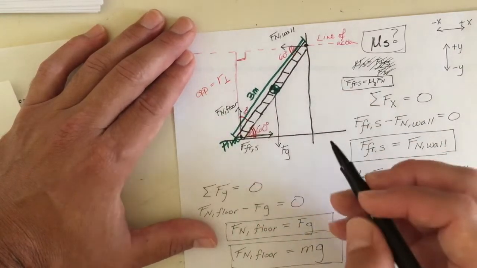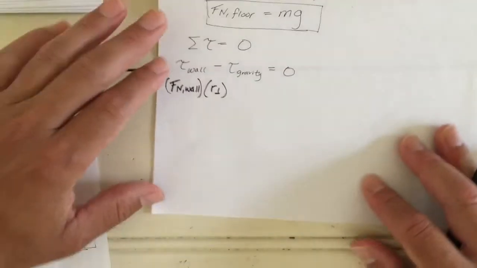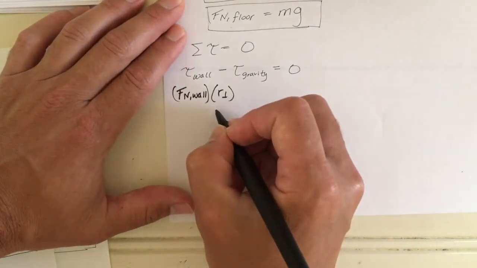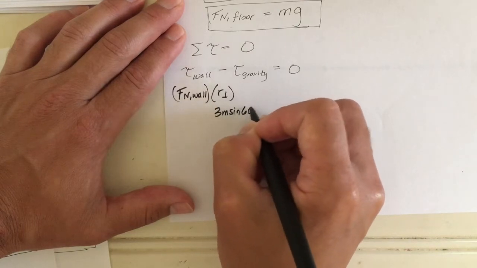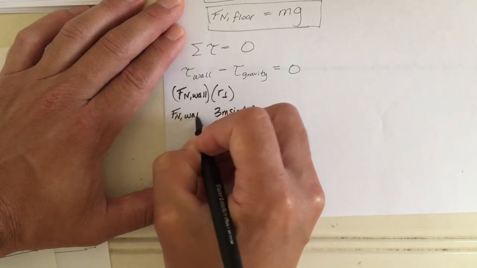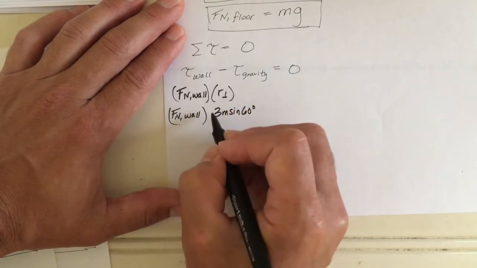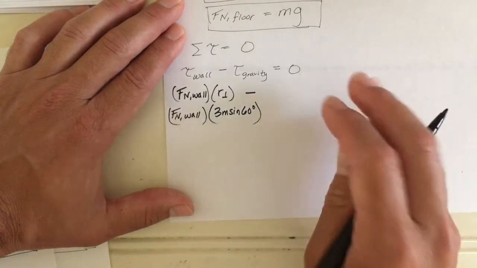Because this is an opposite. So it's going to equal 3 sine 60. So down here, we can write that in as 3 meters sine 60 degrees. Force normal, comma, wall, times 3 meters sine 60. Minus the torque due to gravity.